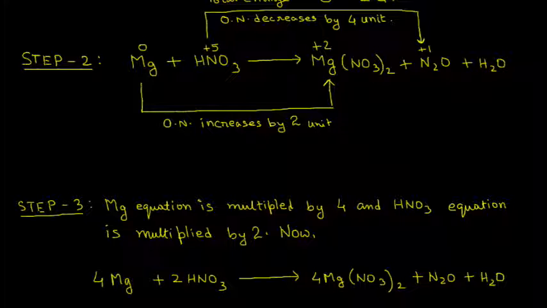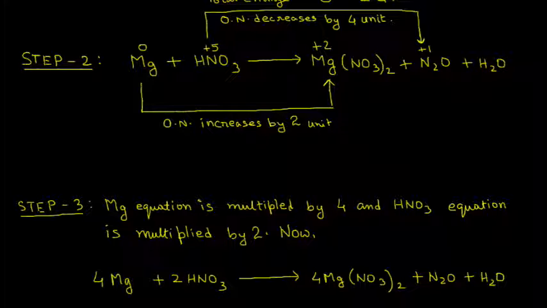Since magnesium's oxidation number changed by 2 units, we multiply the HNO3 equation by 2. Similarly, nitrogen's oxidation number in HNO3 decreased by 4, so we multiply the Mg equation by 4, and upon multiplying we get the following result.